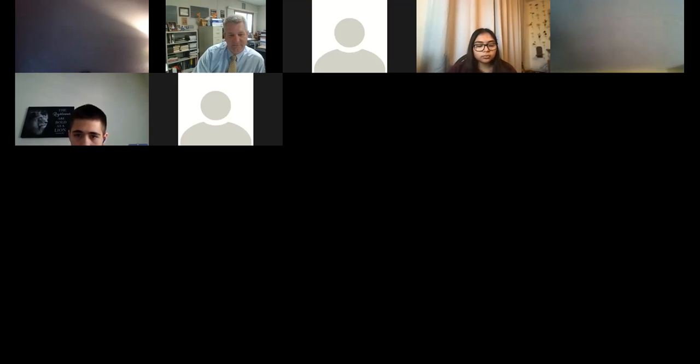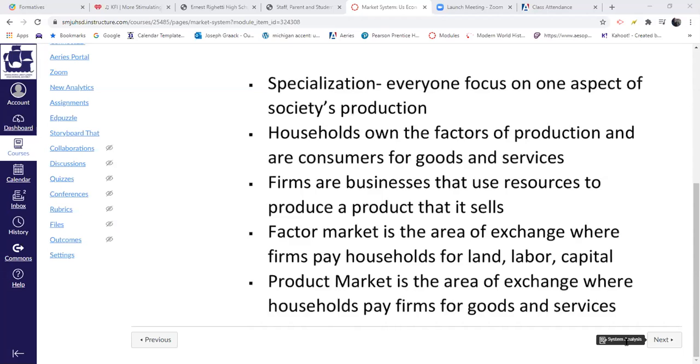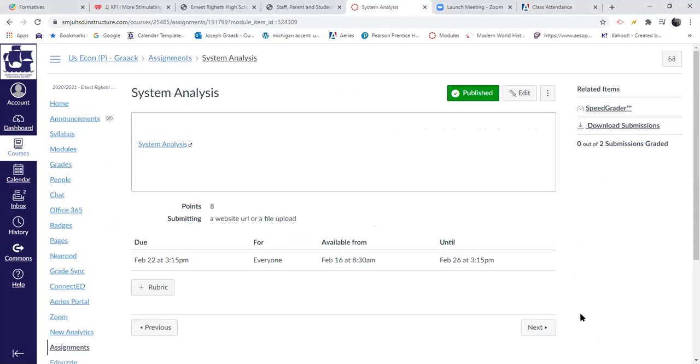From this page in your module, if you go ahead and click next, I'll show you the last two things that you need to do for today. So your first page after the notes there on the three types of major economic systems is going to be something called system analysis.